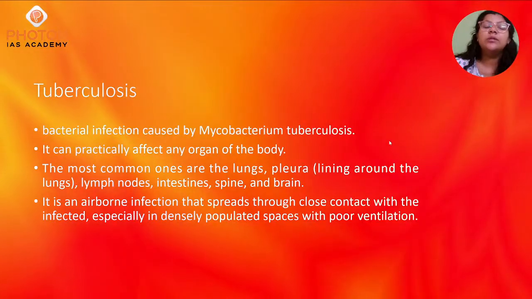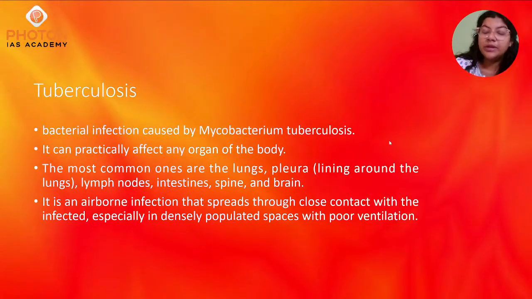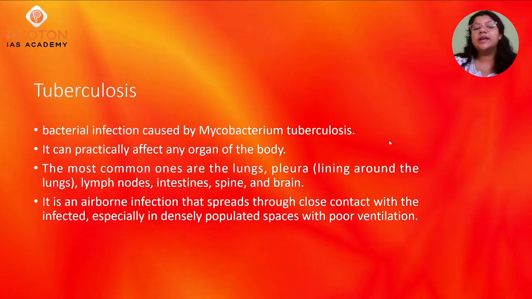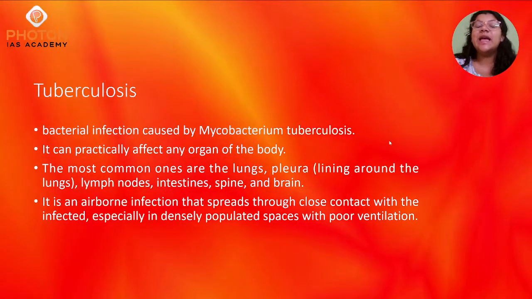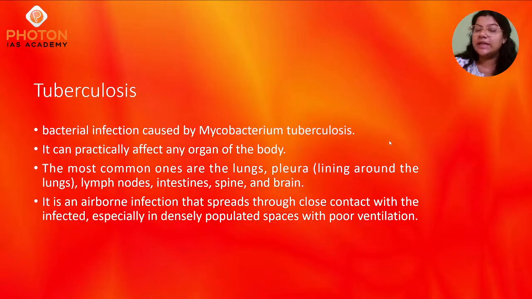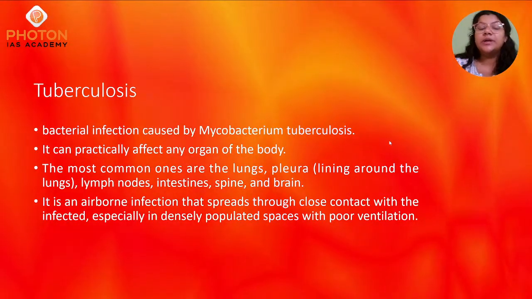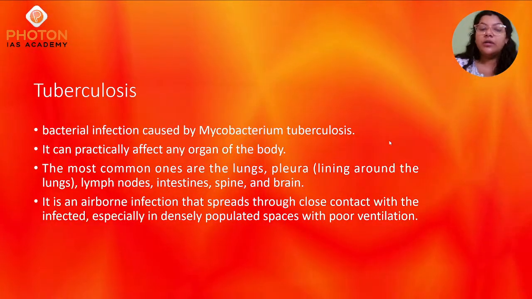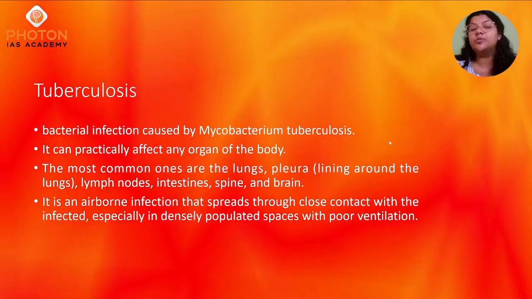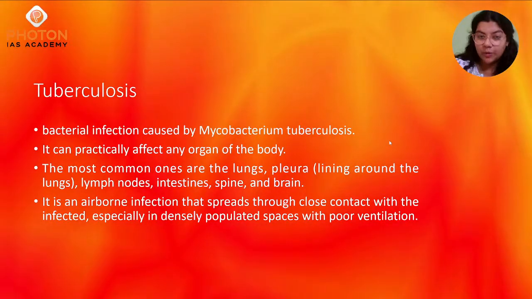Lungs and pleura are the most common places this bacteria attacks. And it is an airborne infection. So it can be spread very easily with close contact with the person who is infected, or in densely populated areas. That's why it's very common in developing countries, because most of them are very densely populated.